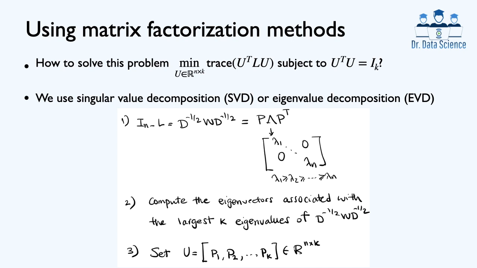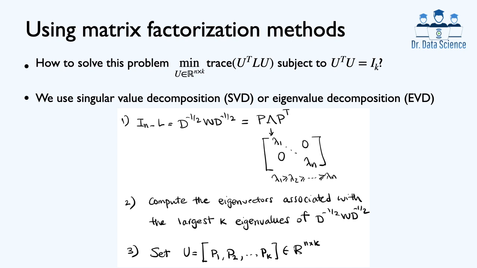So that's why we need matrix factorization methods. So first of all, let's look at the identity matrix minus the normalized Laplacian matrix, which you can show is equal to D^(-1/2) W D^(-1/2). In some sense, this D^(-1/2) W D^(-1/2) is the normalized similarity matrix, because W is the similarity matrix that you get by using a kernel function, such as the Gaussian kernel function.